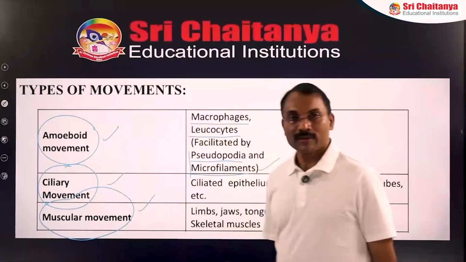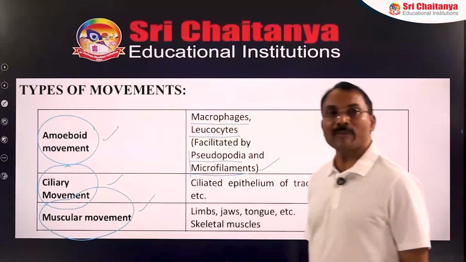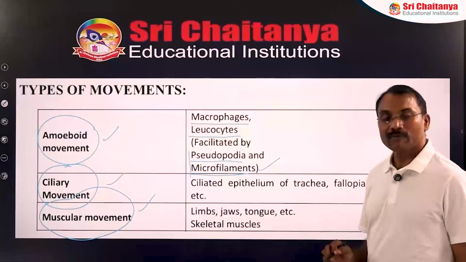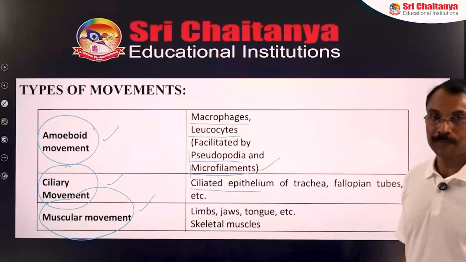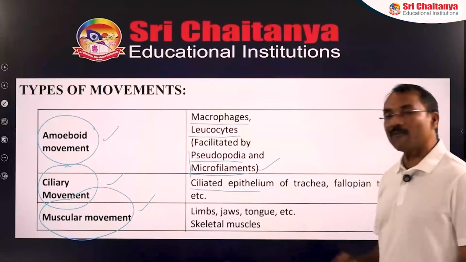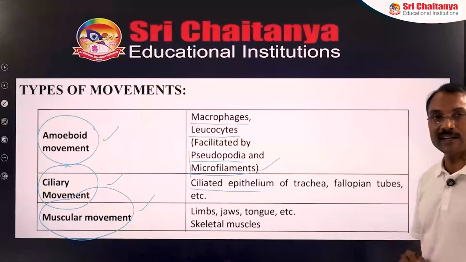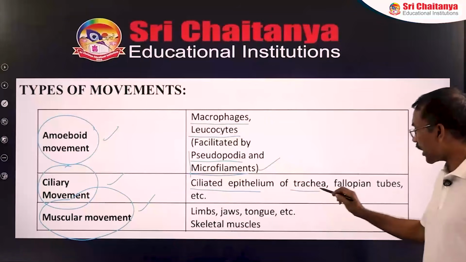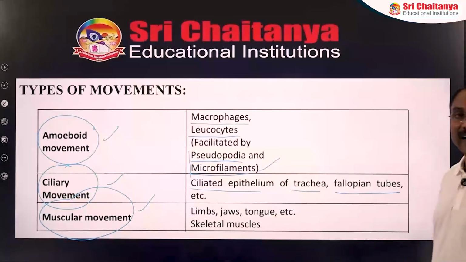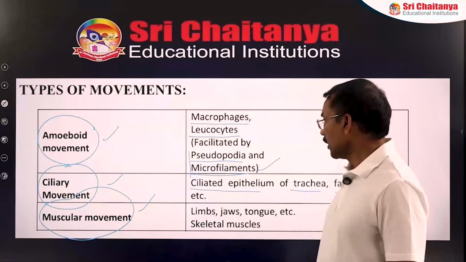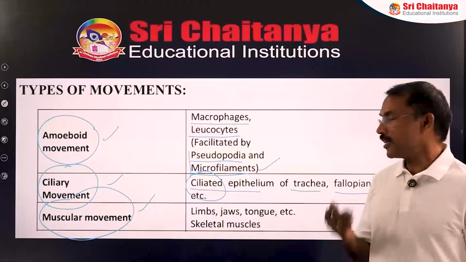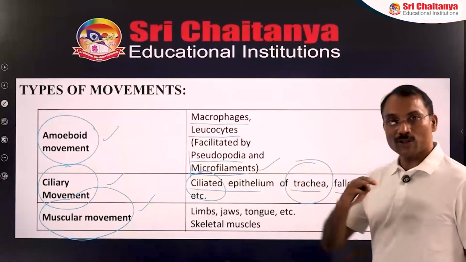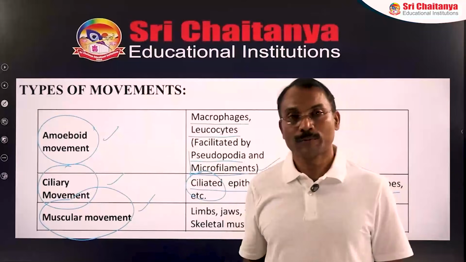Ciliary movement. Ciliary movement is exhibited by ciliated cells, which are present in the form of ciliated epithelium in our body. The ciliated epithelium forms the lining of different structures such as trachea, fallopian tubes, etc. Due to movement of cilia, foreign particles in our trachea are driven towards the throat.